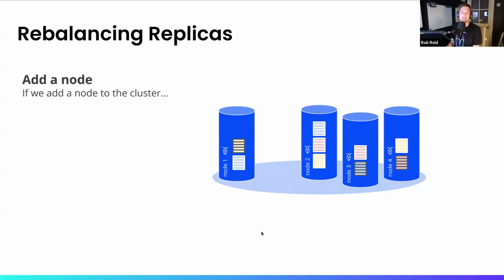So let's talk about rebalancing replicas here. In a 4-node cluster, let's say we want to add a node to the cluster. So there's our new node. Now, each of the nodes is aware whether it could accept more data or perhaps has too much data and would like to offload some of it. And that's still orchestrated by the leaseholders. So the leaseholders are these ones here, colored in gray instead of white borders.